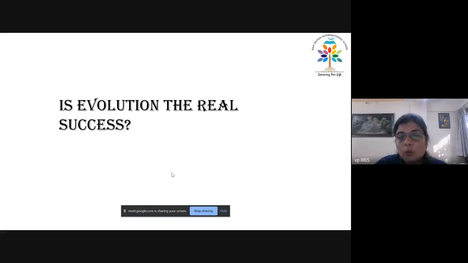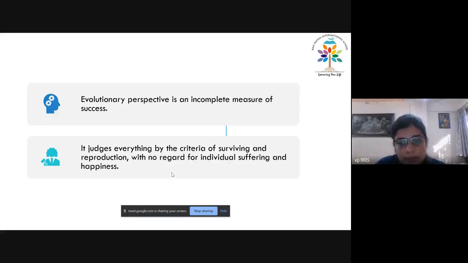Yes. So I feel that this evolution is not the real success, because it's an incomplete measure of success. When we talk about evolution, we judge by the amount of material we have grown, what we have produced, what we have reproduced. But we have no regard for individual suffering and happiness.